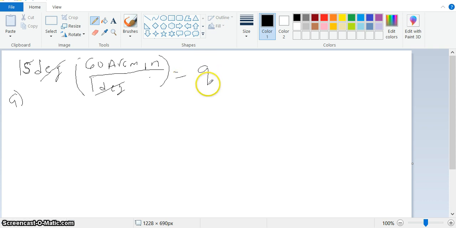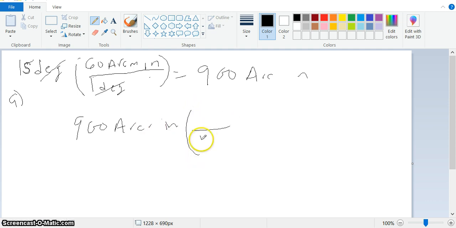So in 1 hour, the moon moves 900 arc minutes. And guess what? We're going to do this again. If we know that the moon moves 15 degrees in 1 hour, or 900 arc minutes, you can convert arc minutes to arc seconds.